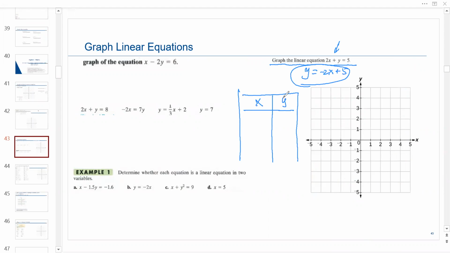Here is x, here is y. When x equals 0, y equals 5. Actually, this is the y-intercept. That's what I was saying, right? When x equals 1, you replace x by 1. So here you get -2 plus 5, so you get +3. So here is (1, 3).